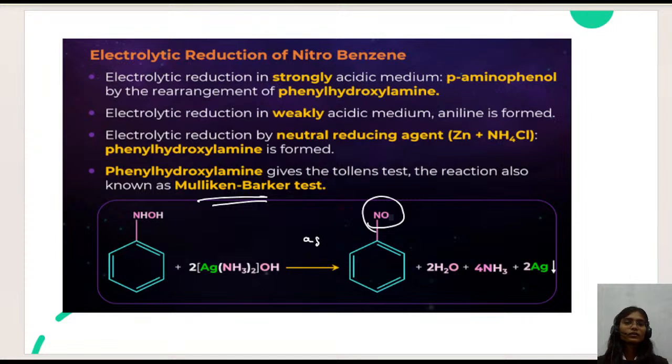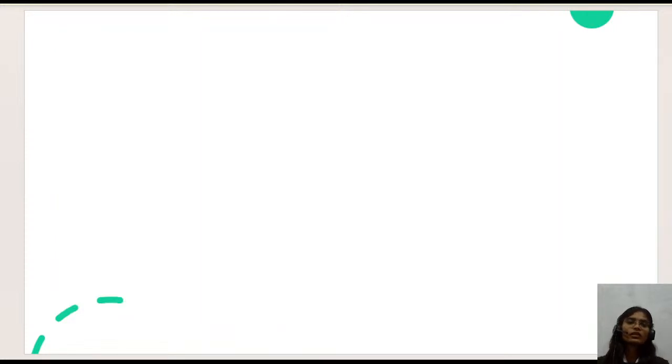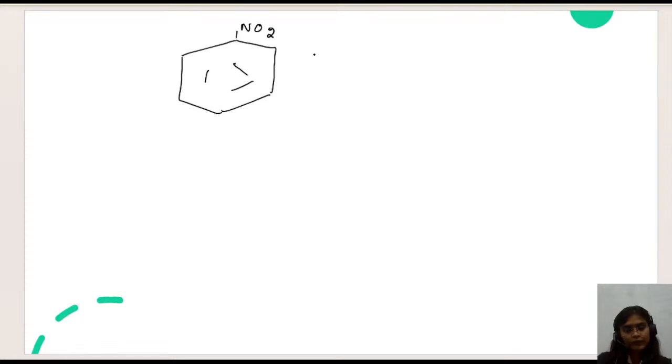Now back. Let me brief the same reaction in a single line. What is happening? You have to start with the NO2 group. In the first step, Zn plus ammonium chloride is used.